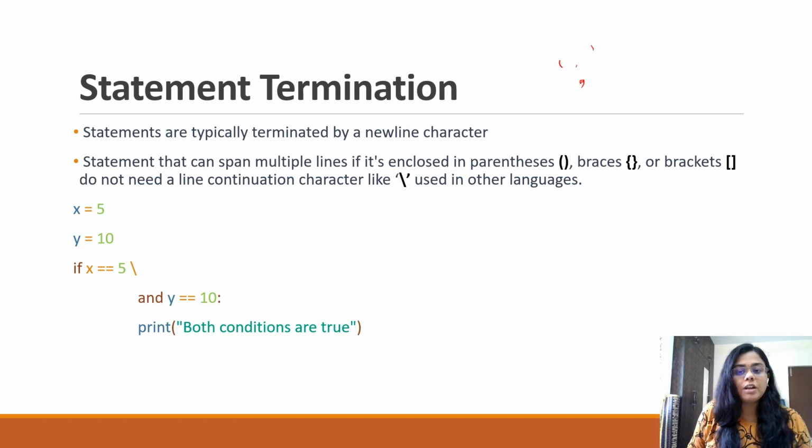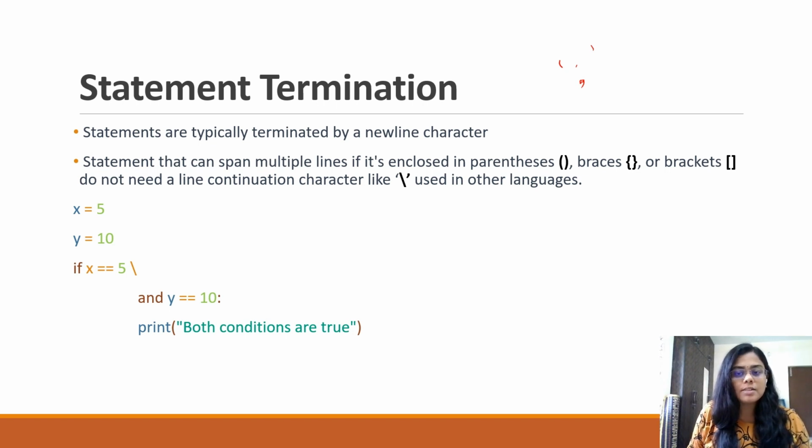When a semicolon is given, it means that statement is complete and you can proceed to the next statement for interpretation. But in Python, there is no need for a semicolon. You can just hit enter and that statement is complete, and then you can go ahead with the next statement.